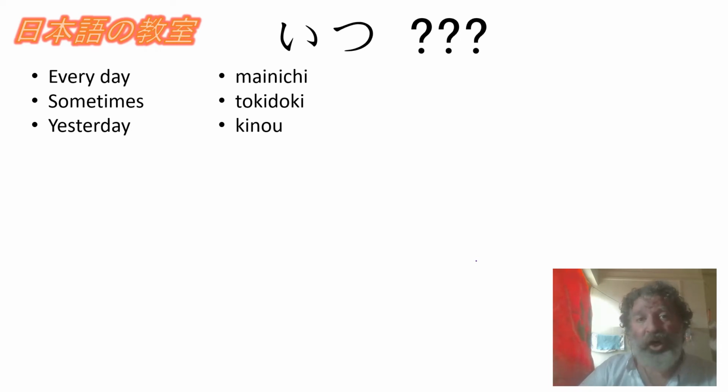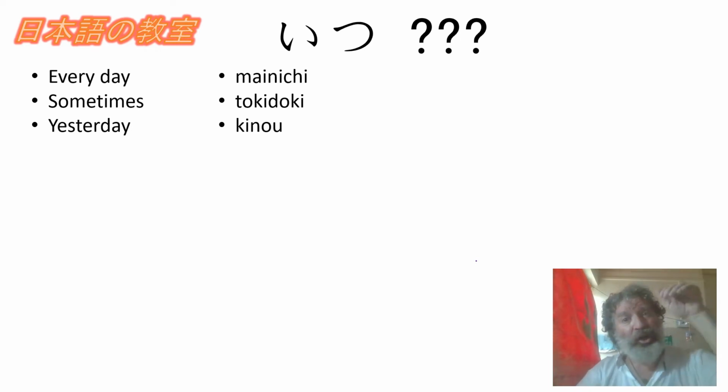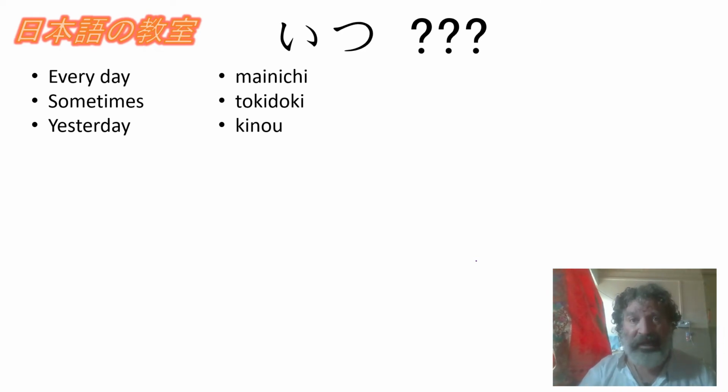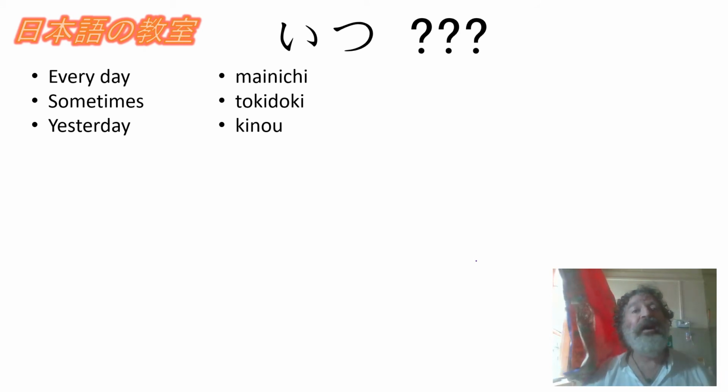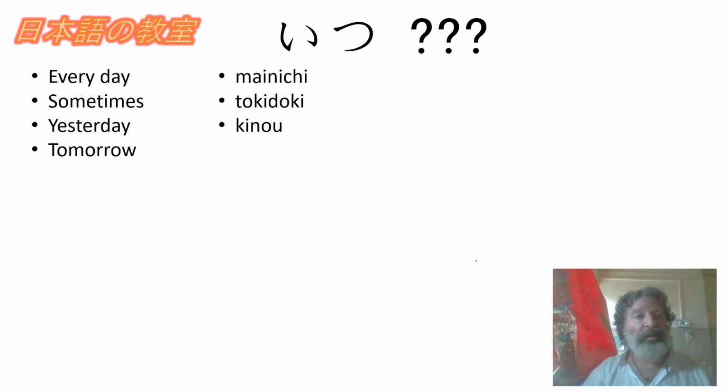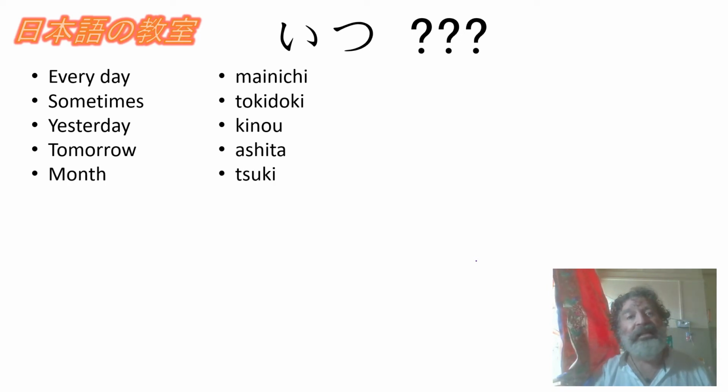Yesterday, 昨日、今日 is now. 今日は動詞の勉強をしています。しています。毎日します。今はしています。It's going on right now, so we use a different form of the verb する。昨日、明日。And the month is 月。This one you don't really need to know right now.